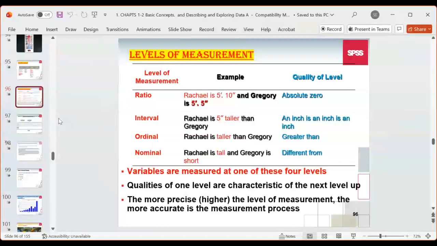So everybody has stress at some level. You cannot find a person with zero stress. Only a dead person has zero stress. So you can see that a ratio scale is not even doable in psychology.